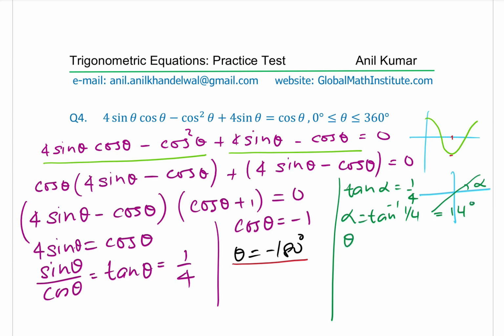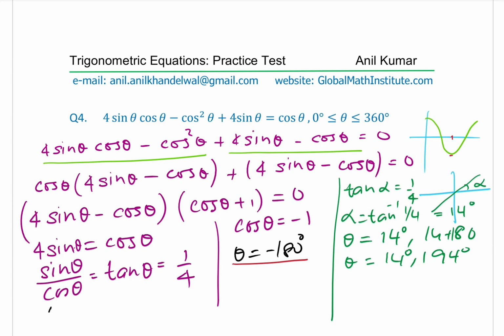So the angle for theta should be 14 degrees and 14 plus 180. So those are the two answers for us. Correct? So when you add 180 to 14, you get 194. So we get the theta value to 14 degrees and 194 degrees. So now combining the results, we have the final answer.